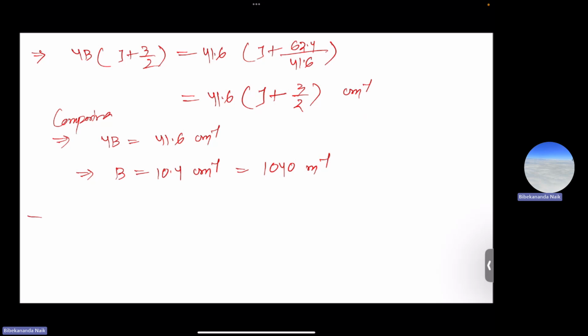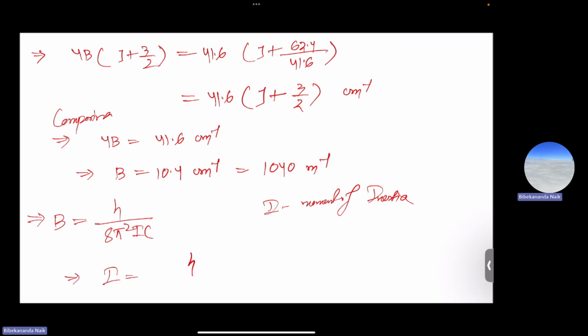So this is B, and we know the expression for B, the rotational constant, is given by h by 8 pi square IC, where I is the moment of inertia.